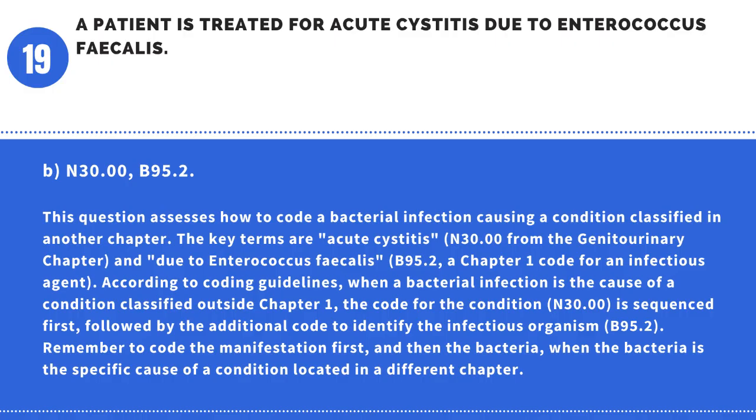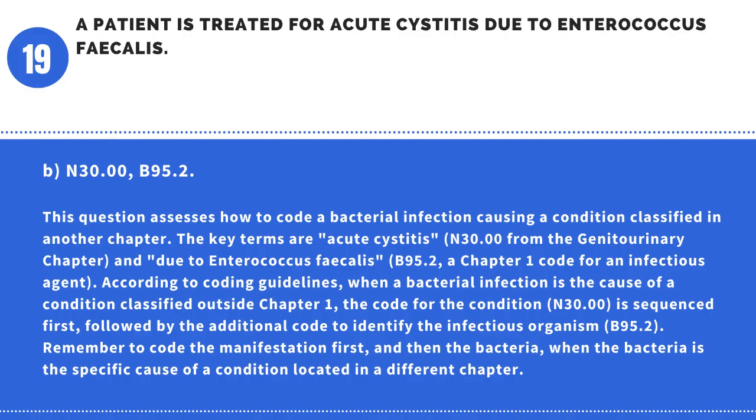N30.00, B95.2. This question assesses how to code a bacterial infection causing a condition classified in another chapter. The key terms are acute cystitis, N30.00 from the genitourinary chapter, and due to Enterococcus faecalis, B95.2, a Chapter 1 code for an infectious agent.